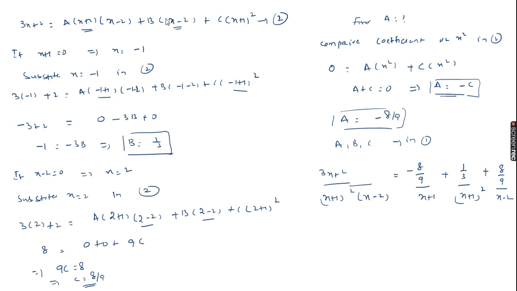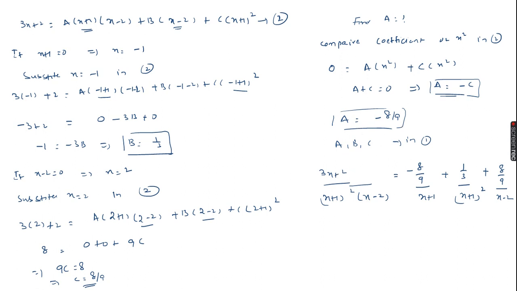And similarly here there is no term for x square, plus here we expand (x plus 1) whole square, in this we get the x square term. So from that a plus c is equal to 0, a is equal to minus c. So we get a is equal to minus 8 by 9.